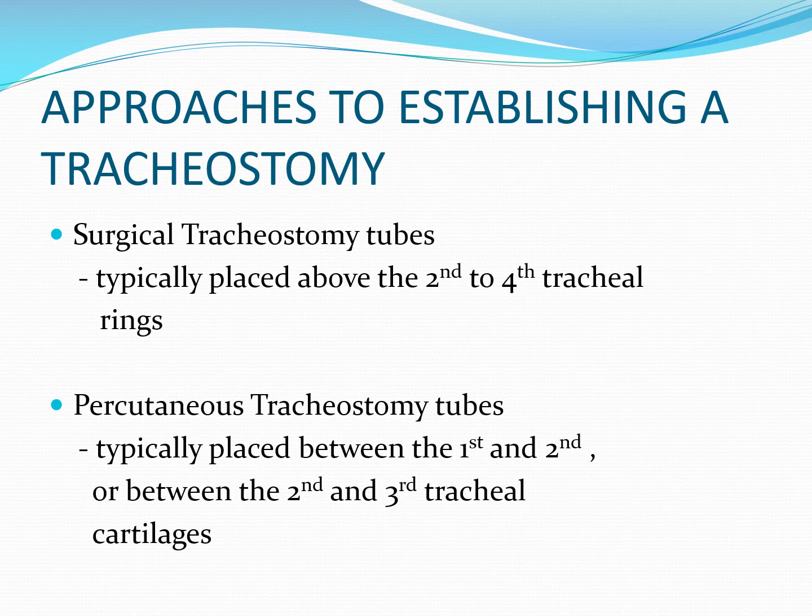The other method is the percutaneous dilation, or just the percutaneous tracheostomy tube placement method. What happens there is a small opening is made between the first and second, or between the second and third tracheal cartilage.